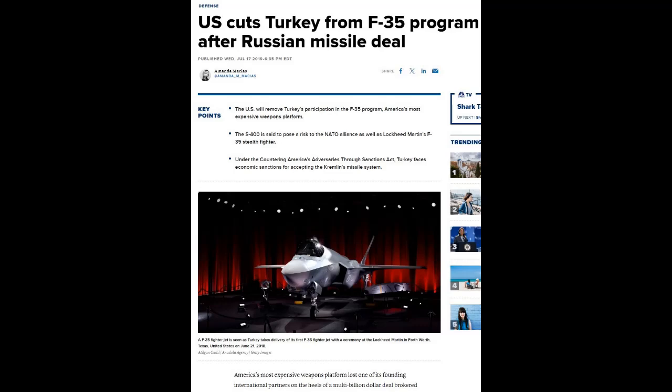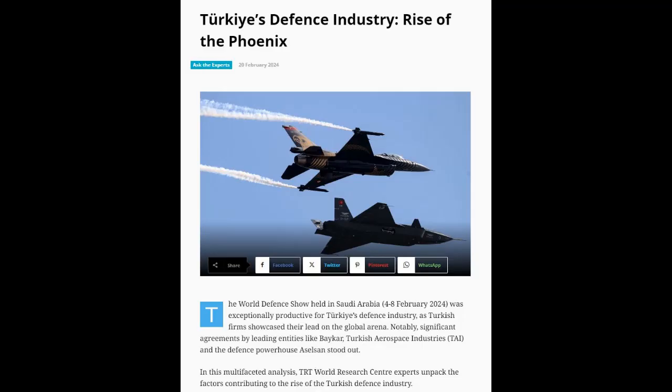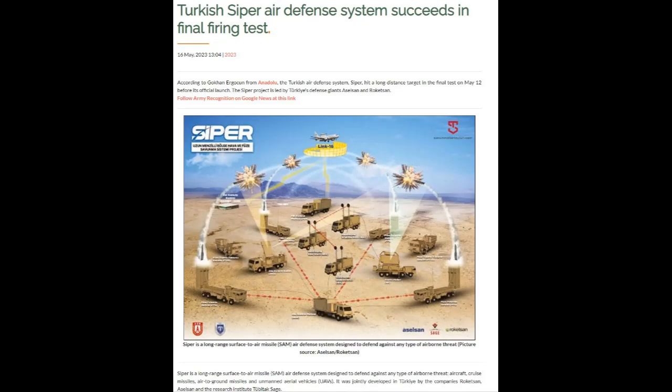We don't have much choice because they don't have their own military industrial complex to satisfy those needs yet. They can satisfy other needs like the drones and all that, but not air defense systems like that yet. They're about to probably make them. So they just got sanctioned, which is like the stick.